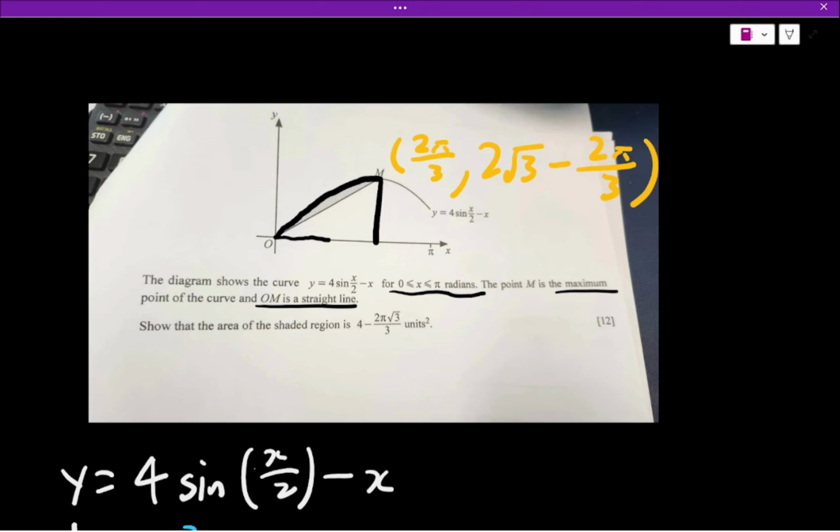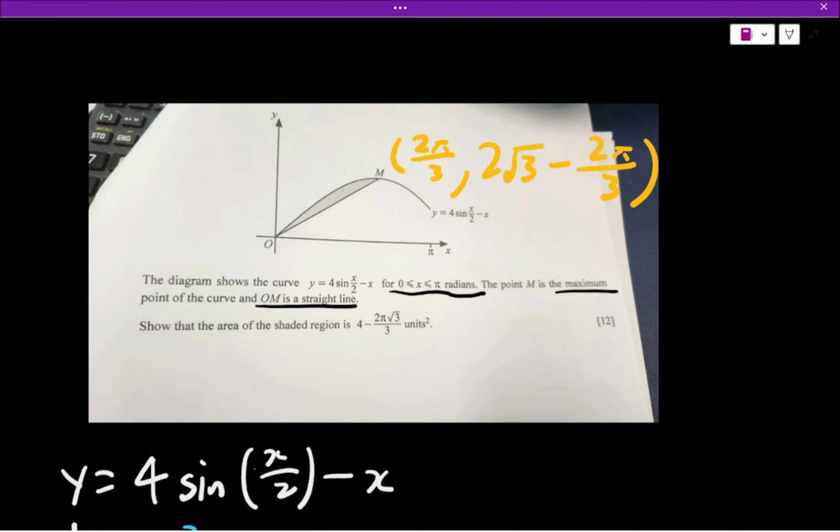Okay, so this includes this shaded region that we want, and this white section. Notice the white section, the part that we don't want, is actually a triangle, which sides we can actually determine.